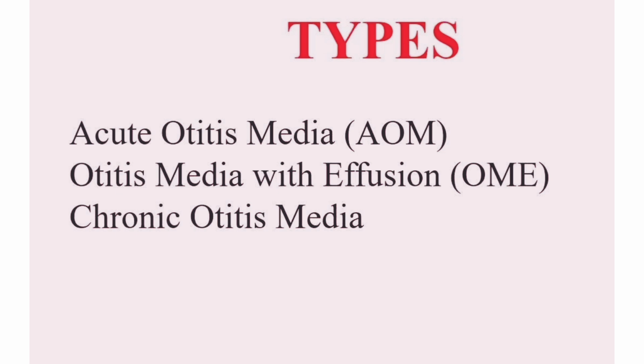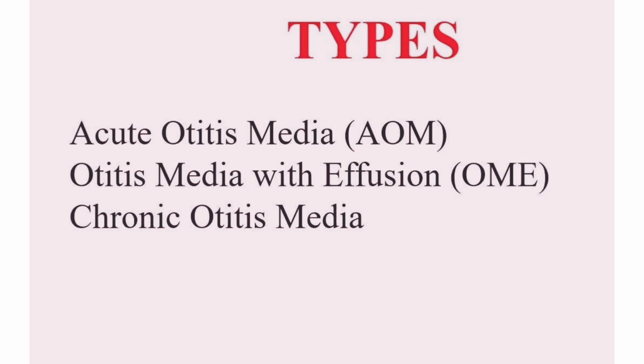Otitis media with effusion is characterized by fluid buildup in the middle ear without signs of acute infection. It can cause hearing loss and increase the risk of developing acute otitis media.